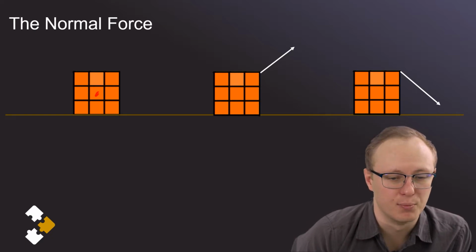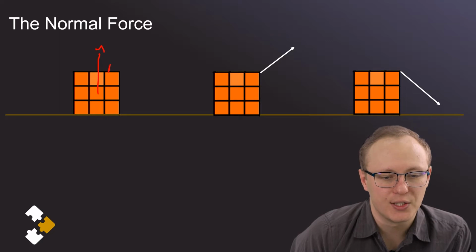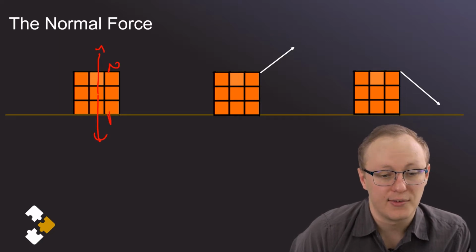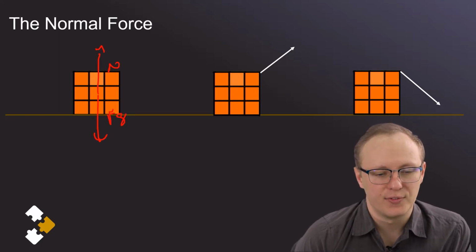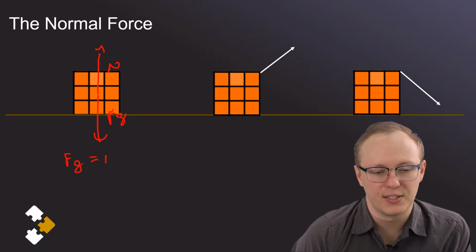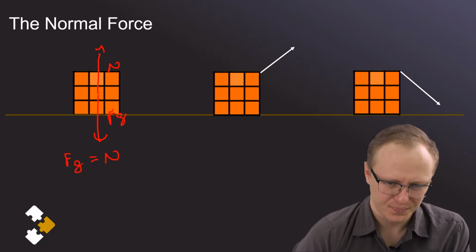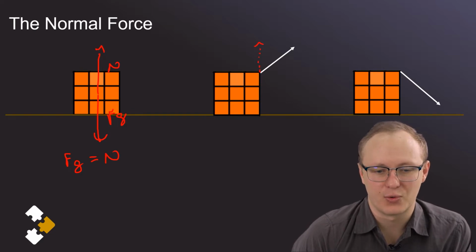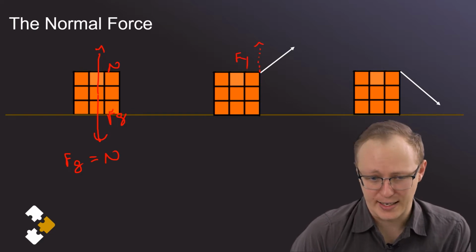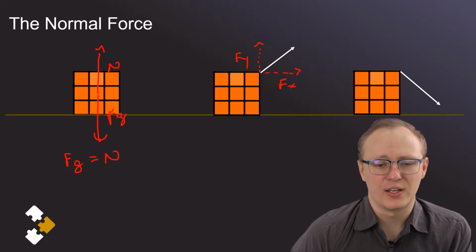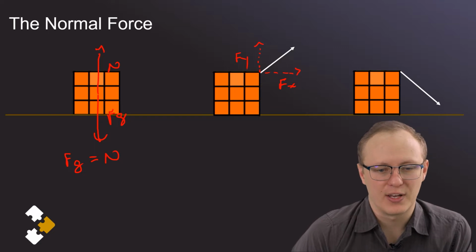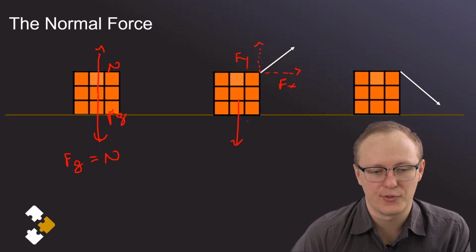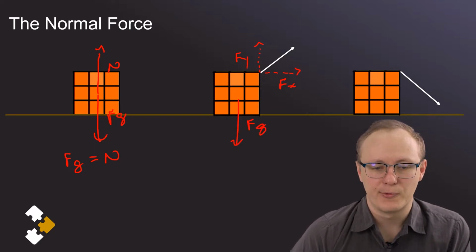So if we look at the normal force in these scenarios, here, because this block is not moving, the forces acting on it are normal going up and Fg going down. So in this instance, Fg is in fact equal to the normal force. Now, in this second scenario, there's a force going that way. So now there's an Fy and an Fx. If we think about the vertical line of action, there's still the same Fg going down, but the forces have to be equal.